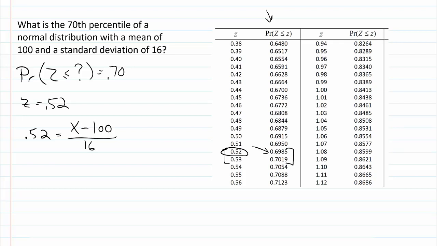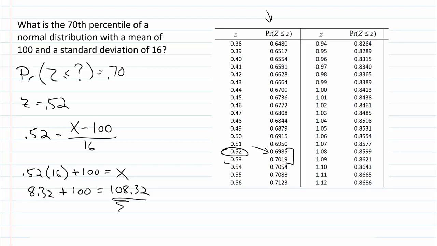And with a little algebra, I get 0.52 times 16 plus 100 equals x. And that's going to be 8.32 plus 100. And that's actually going to equal 108.32. So the 70th percentile of a normal distribution with a mean of 100 and a standard deviation of 16 is 108.32.